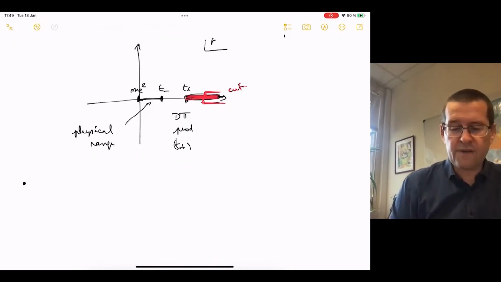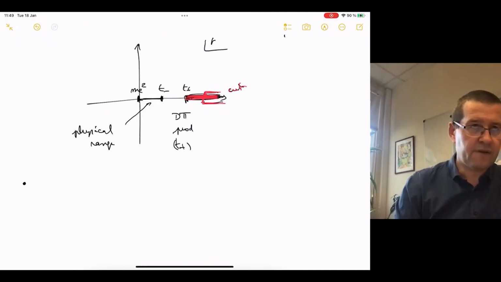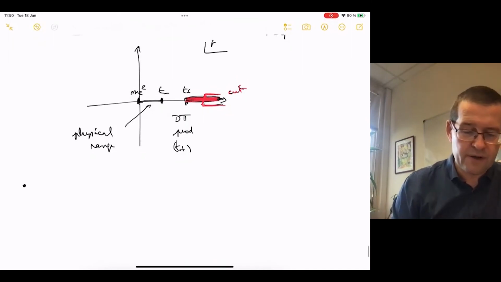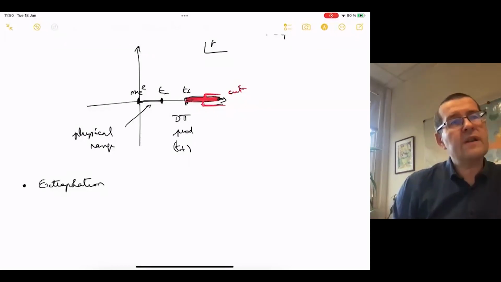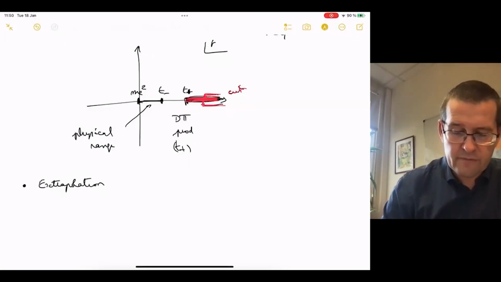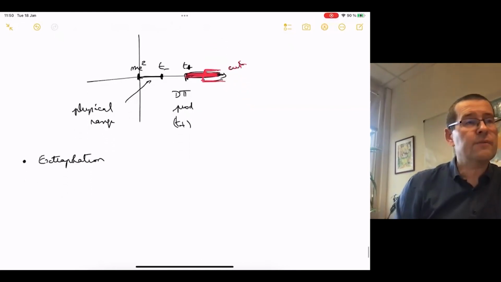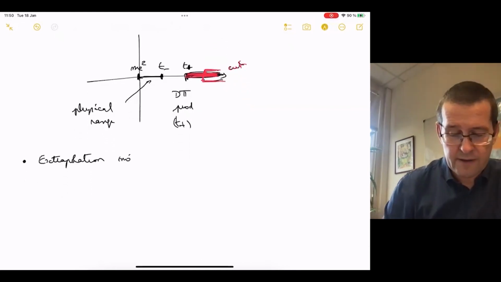And the fact is that it's very nice to have this analytic structure, but it's not necessarily the easiest structure to make extrapolation.